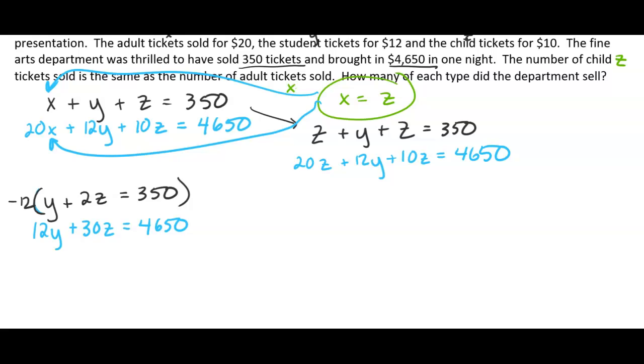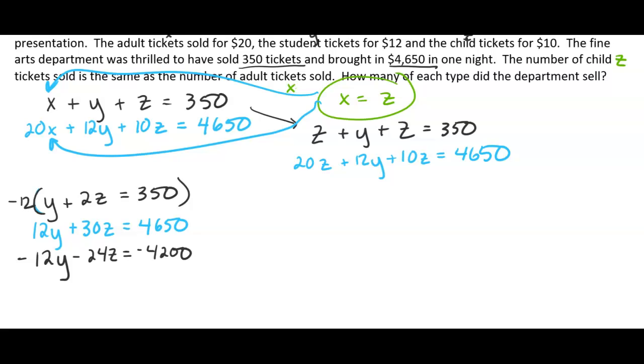So I'm going to get -12Y minus 24Z equals, okay, now I need a calculator. What's 350 times 12? And it's going to be negative, so -4,200.